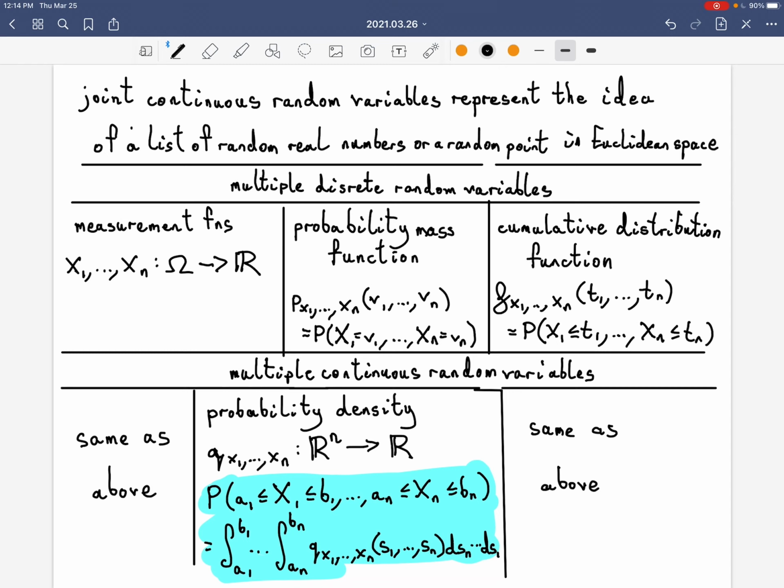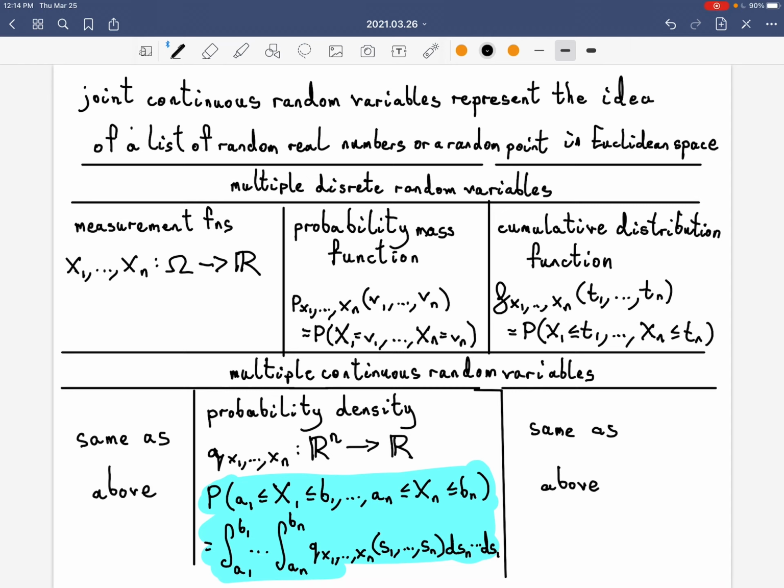It's usually referred to as Cartesian coordinates, and the dimension of the space where your point lives is the length of the list of real numbers you're considering.